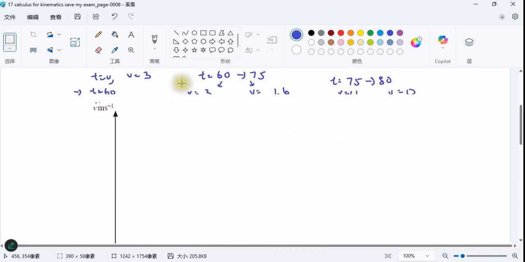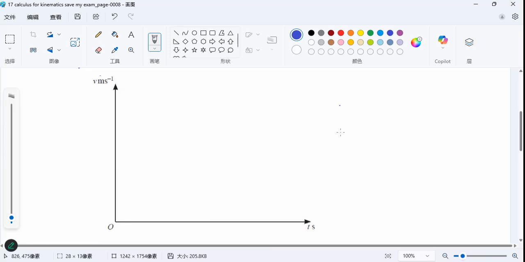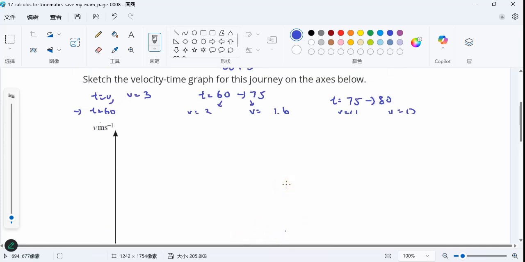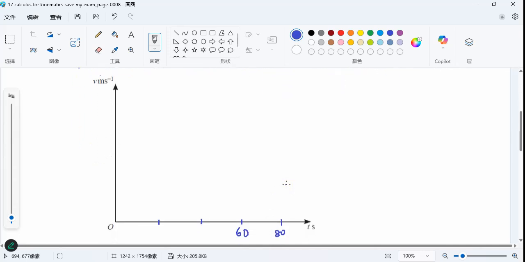So 0 until 60, so 0, 20, 40, 60, 80. And then we have the 3 here, 1.6 is here. So 0 until 60 is 3.